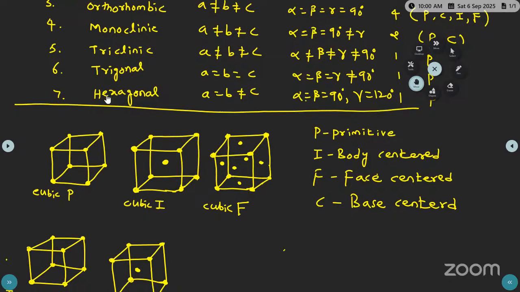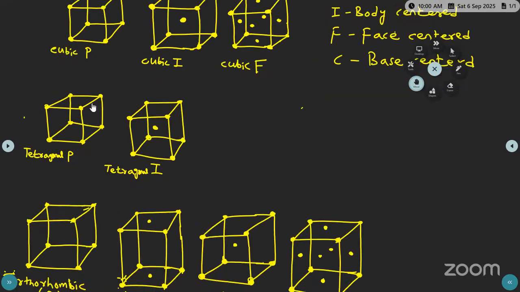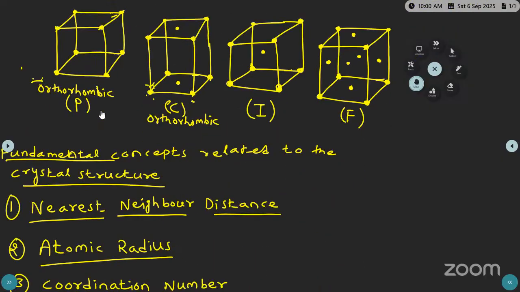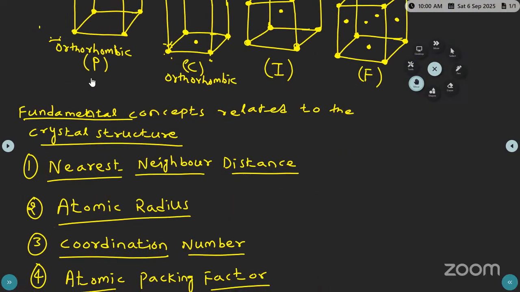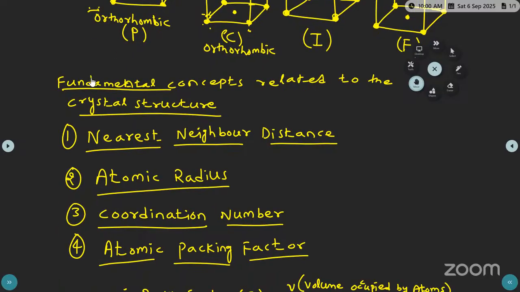Here these are the diagrams related to all the types of crystal systems. Right, next some fundamental concepts related to the crystal structure. Nearest neighbor distance. What is the definition of nearest neighbor distance?